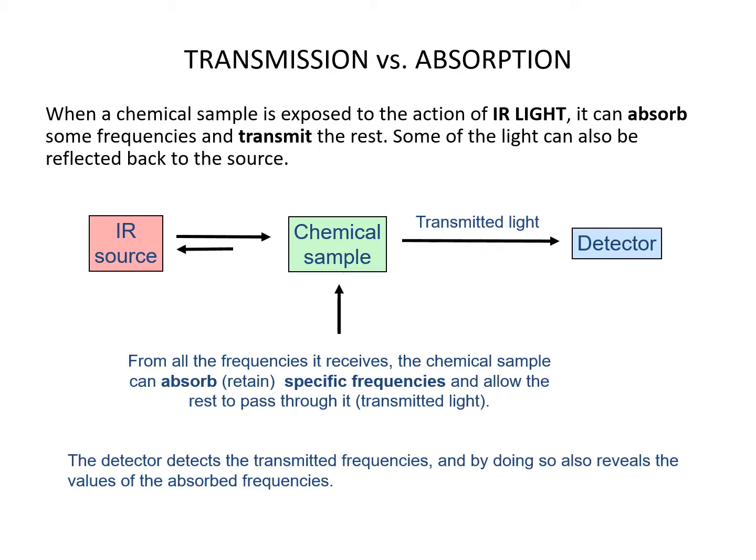So when a source of IR is released into a chemical sample, some of the IR is absorbed within a molecule, whereas some of it is transmitted through the molecule, and this transmitted light is picked up by the detector and interpreted in terms of the structure of the molecule.